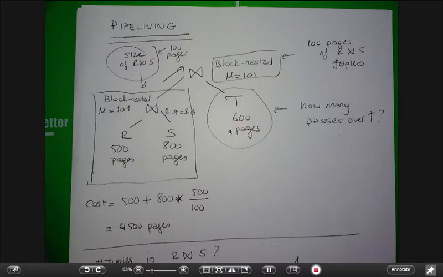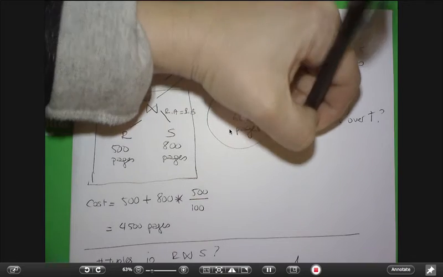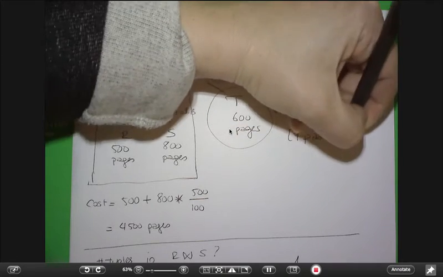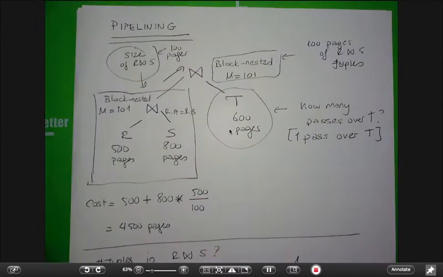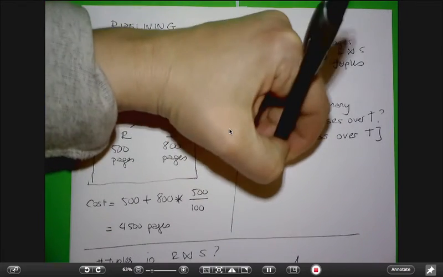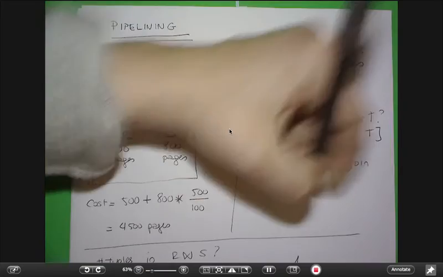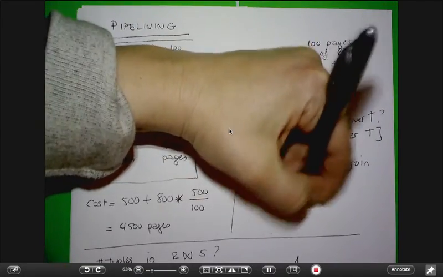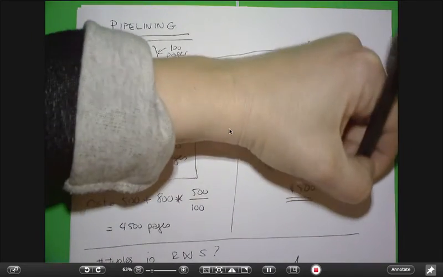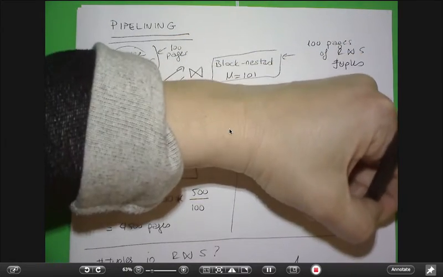And then with the remaining one block, I can read T only once, right? So I only have to do one pass over T. So if I do one pass over T, that means the total cost of the join is 4,500 for the inner join plus 600, which is 5,100 pages.